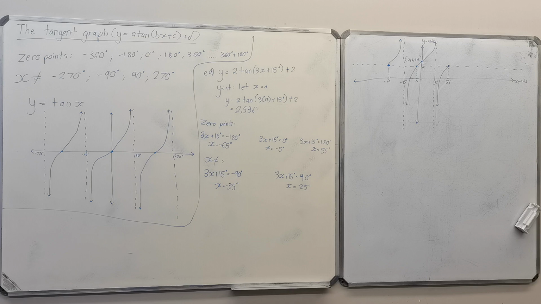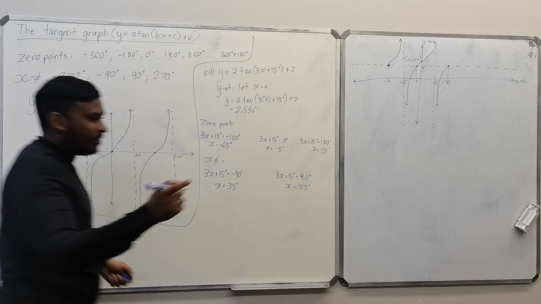Your x range, the domain. Looking at the graph, it'll be minus 65 to 55. No. It will be minus 65 less than or equal to x less than negative 35, because of the break, right?